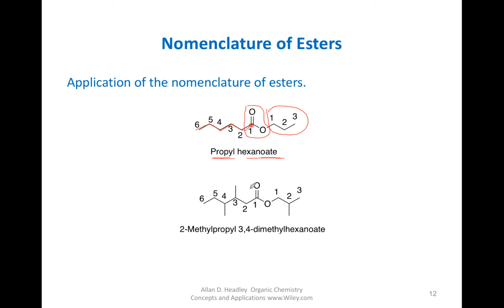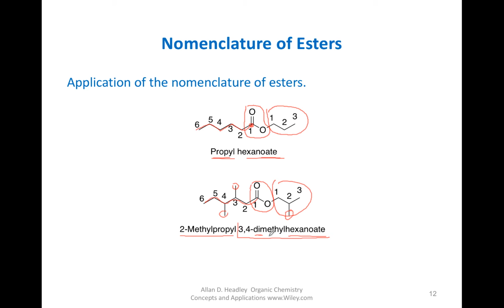So here again is our ester. Here is the alkyl group. It's a 1, 2, 3, but on the second carbon is a methyl group, so it becomes 2-methylpropyl, the first part. And this part here is a 1, 2, 3, 4, 5, 6 hexanoate, but on carbons 3 and 4 is a dimethyl, so it becomes 3,4-dimethylhexanoate.